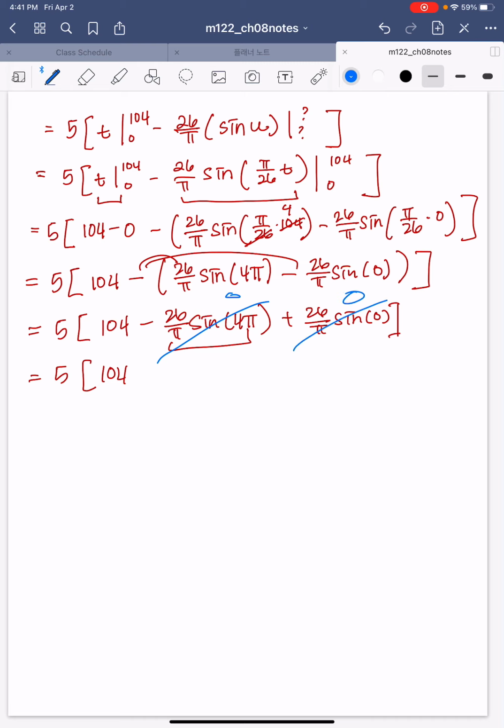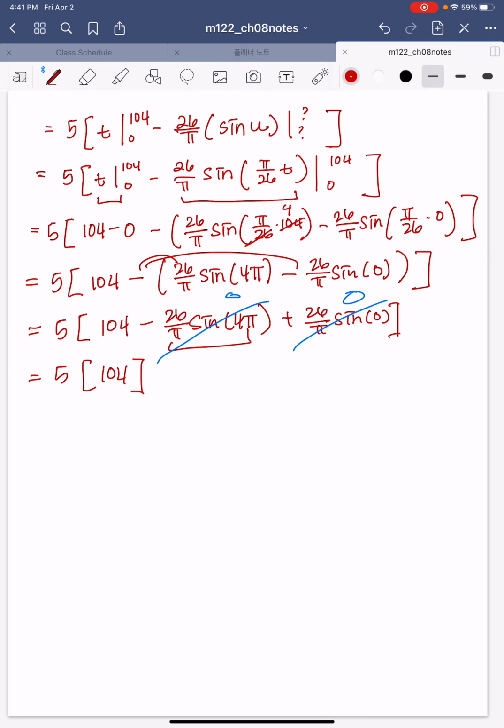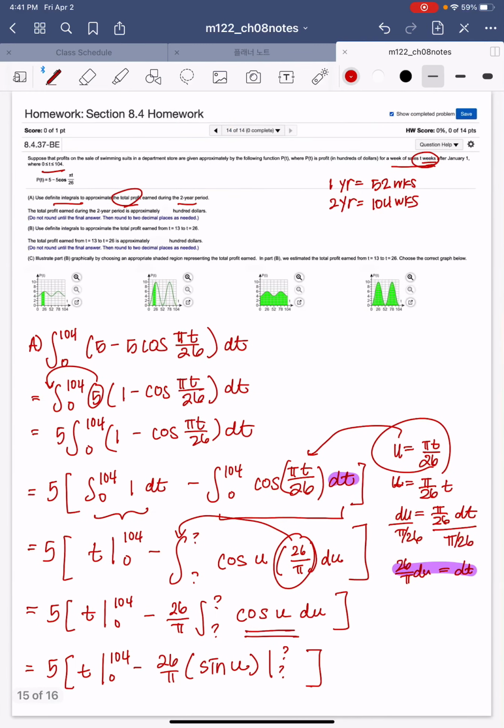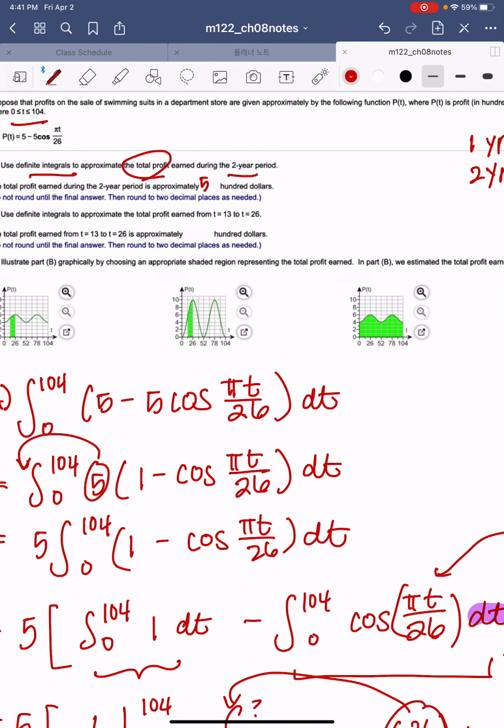So you end up having just 104 inside of that bracket. So 5 times 104, I get 520. Done. So for the first one, you have a total profit of approximately $520.